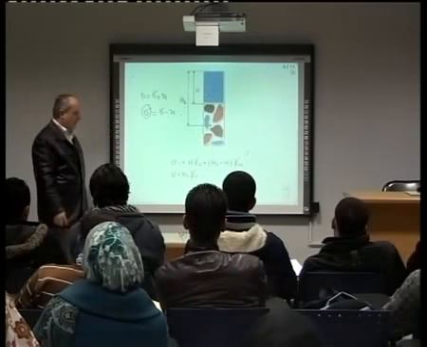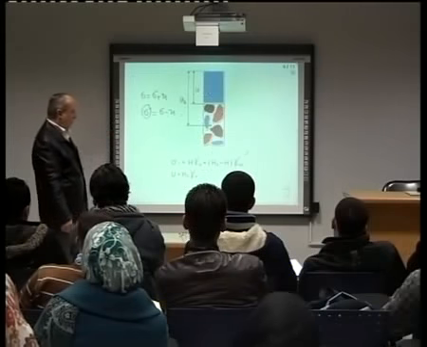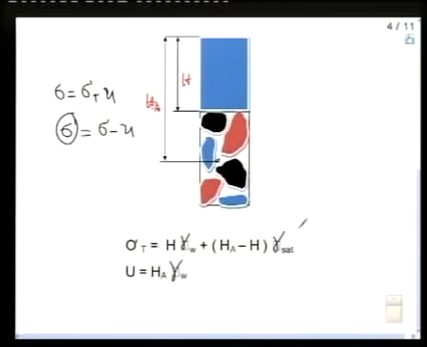Okay, let us write it again or remember it again here. What we need is to subtract this from this. We ended up with what? (HA minus H) multiplied by gamma saturated minus gamma water. Now what is HA minus H?